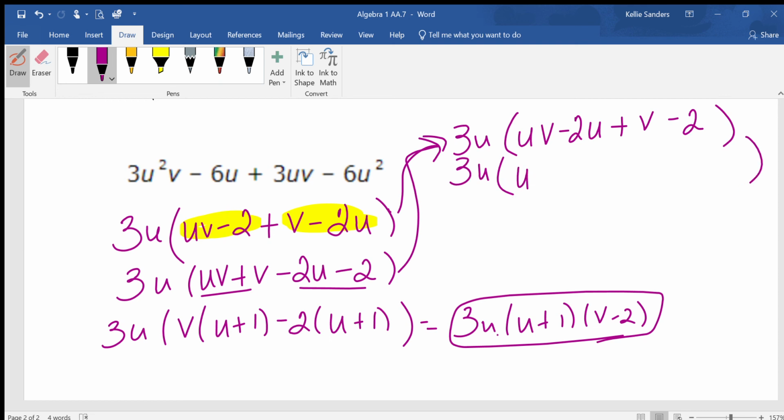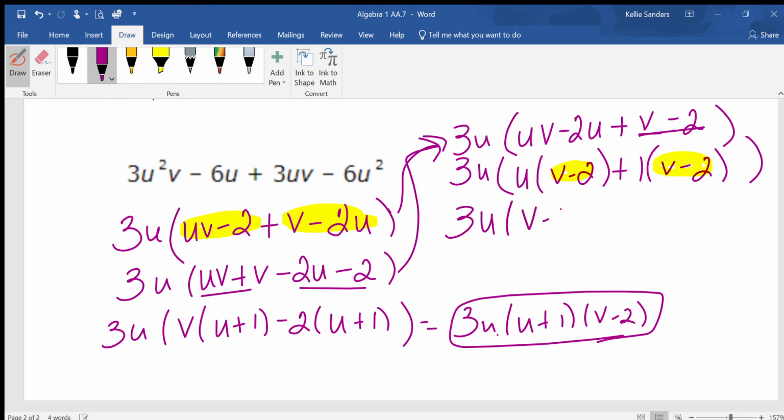And then just take a U out and be left with V minus 2. Nothing goes into both of those. So I would be taking a 1 out because I have to have that parenthesis there. And still, I'm left with V minus 2 in both. So the 3U comes out, and V minus 2, and U plus 1.